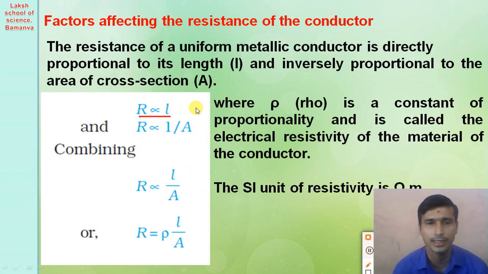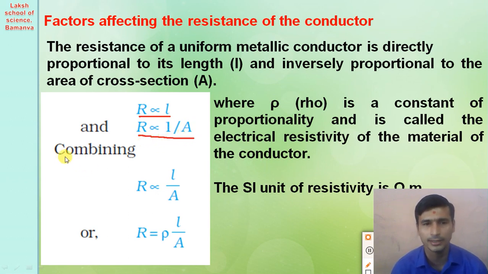So we can write: R is proportional to L, and the resistance of the conductor is inversely proportional to the cross section area of the conductor. So we can write R proportional to 1 divided by A, the reciprocal of the area, right?